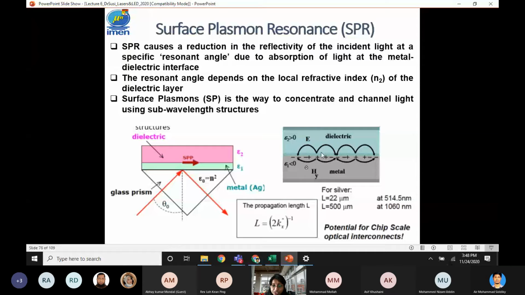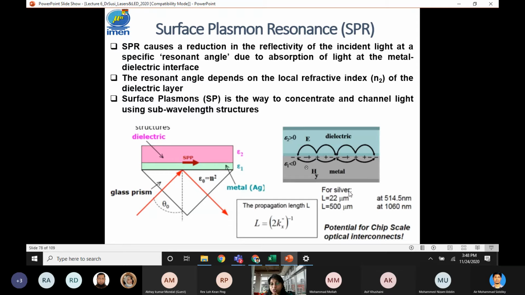When this oscillation interacts with the incident light, and the incident electromagnetic light is in resonance with this electron gas, a plasmonic field is formed.